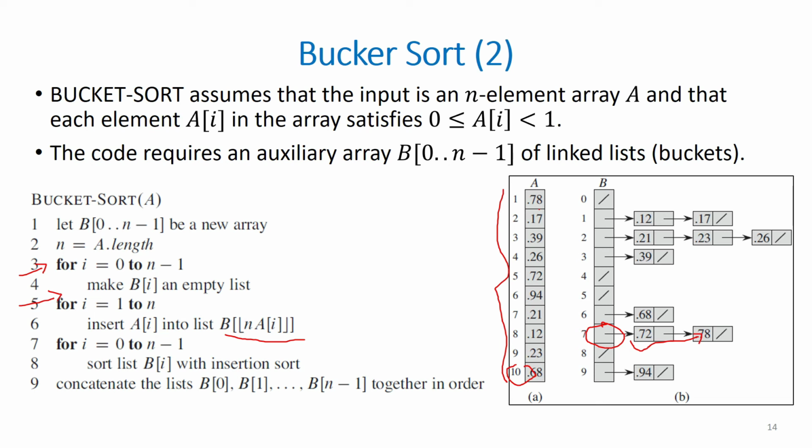After placing the elements into their respective bins, the for loop on line 7 sorts each bin using insertion sort. After insertion sort, we concatenate the list from B[0] to B[n-1] and we give that as the output. Now you may wonder why we use insertion sort.